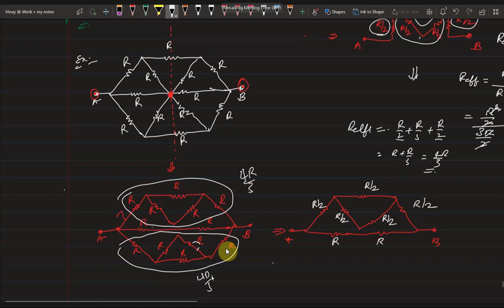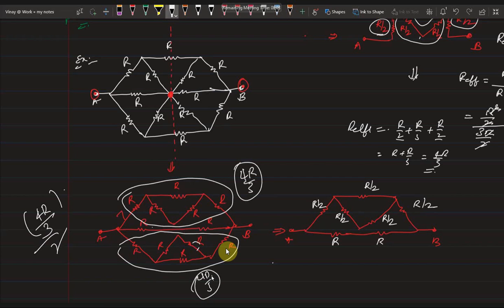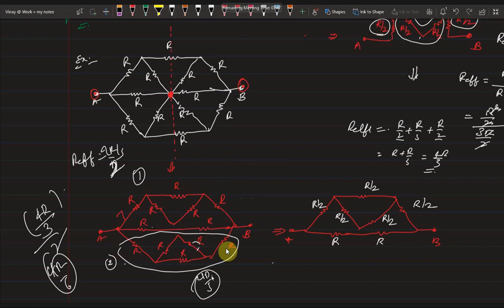Now again 4R by 3 and 4R by 3 are in parallel. So the effective resistance is again 4R by 3 divided by 2, because effective resistance in parallel is equal to R by N. Upper part is 1, lower part is 2, so two parts are there, so divided by 2. For 4R by 3, the 3 will come to the denominator, giving 4R by 6.